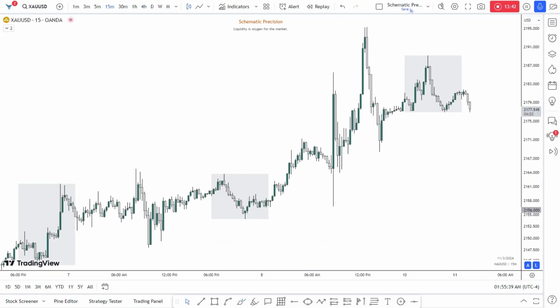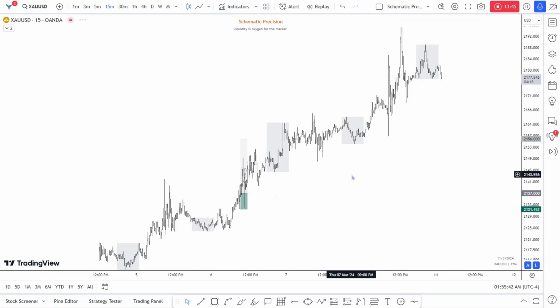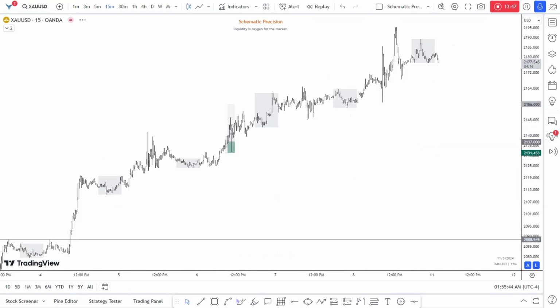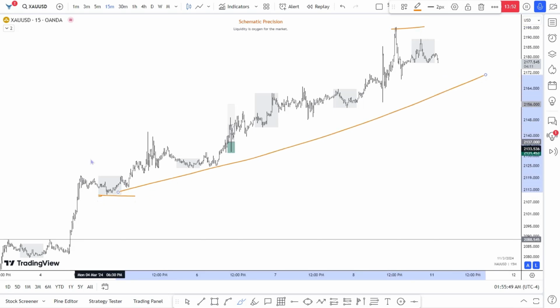Jumping onto the intraday, how should we trade it? If we see this from here to here, it's contracting and it's a two corrective pattern, right?